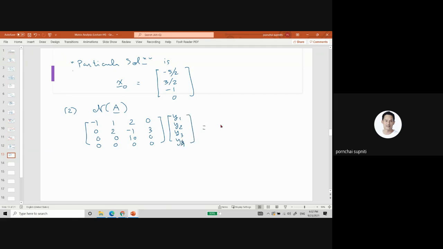And set it to be all 0, so we can find the null space here, which is y. And as before, this 0 pivot represents the free variable, which is y4.